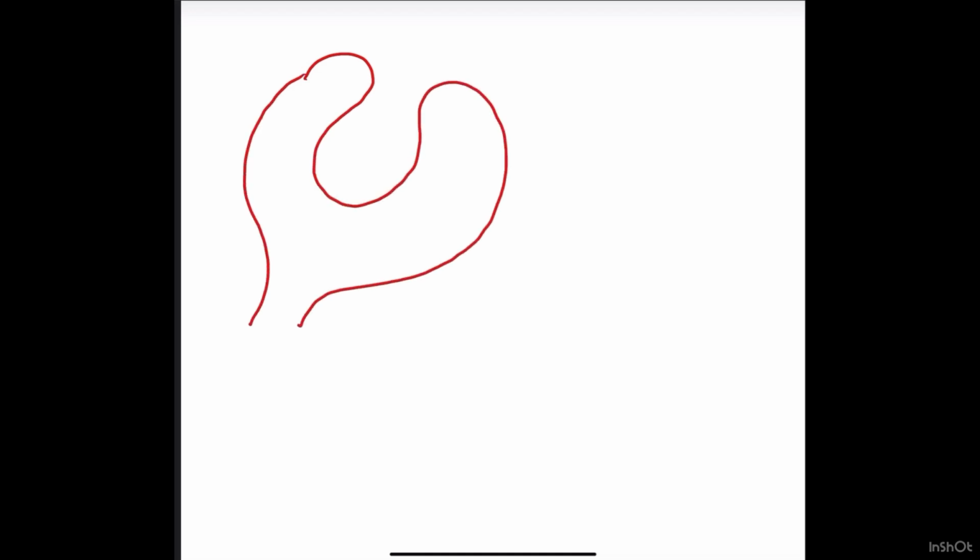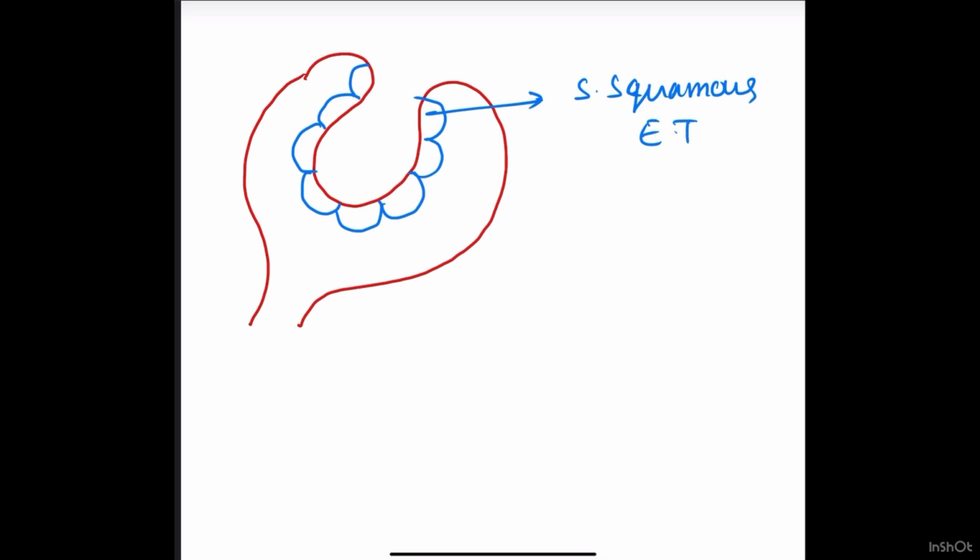When it comes to Bowman's capsule, as we mentioned, Bowman's capsule alone we are discussing. The inner layer is called the visceral layer. The visceral layer is lined by simple squamous epithelium. Now these simple squamous epithelial cells are modified into podocytes.